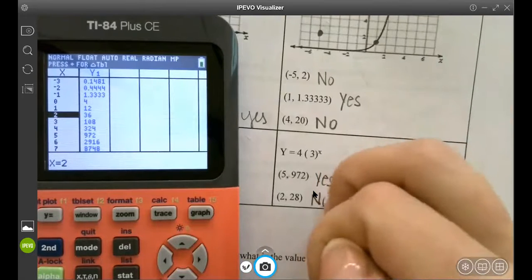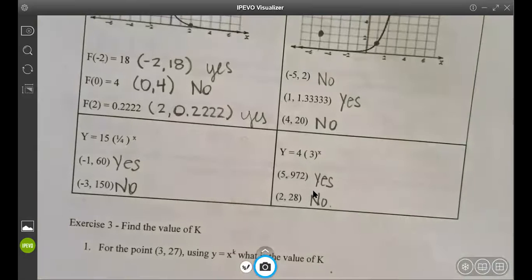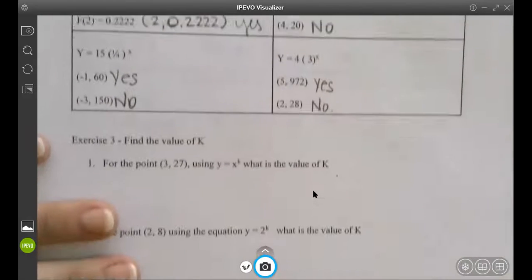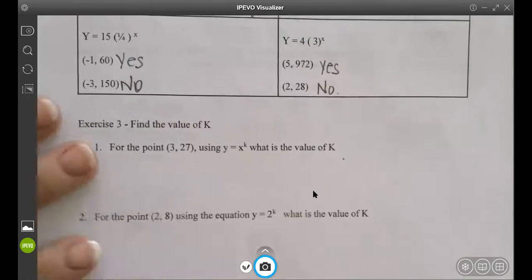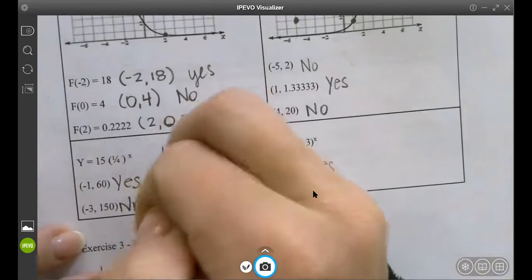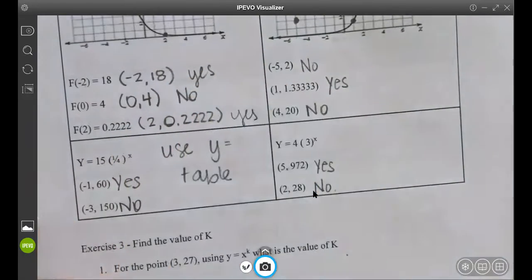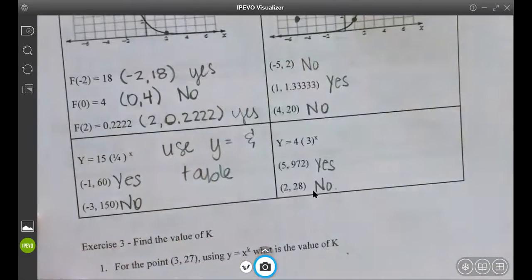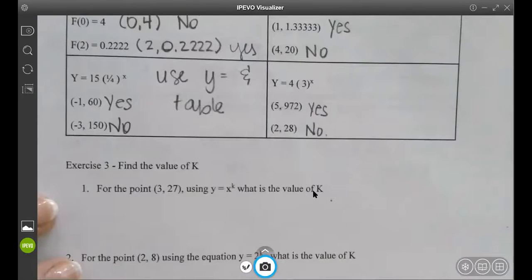No, it is not. That's all you're doing. All right. Again, just checking. Use y equals in a table to verify those 2 points, okay?